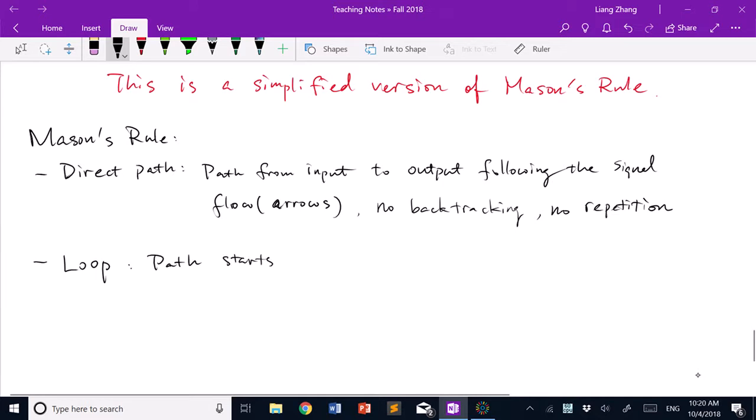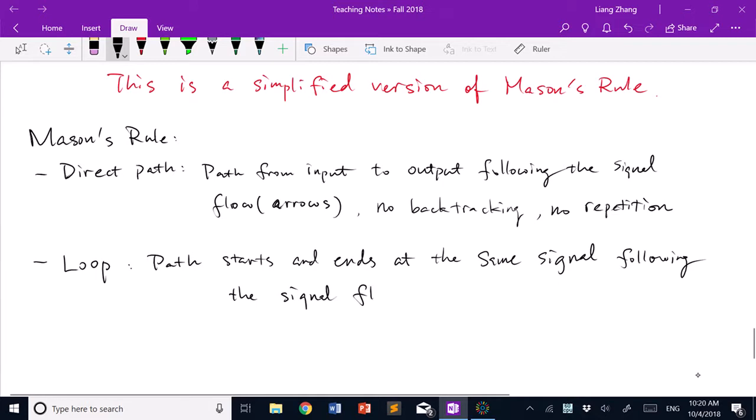So that brings us the notion of loop. A loop is a path that starts and ends at the same signal. Okay. Of course, when we identify the path, we also have to follow the signal flow, the arrows.